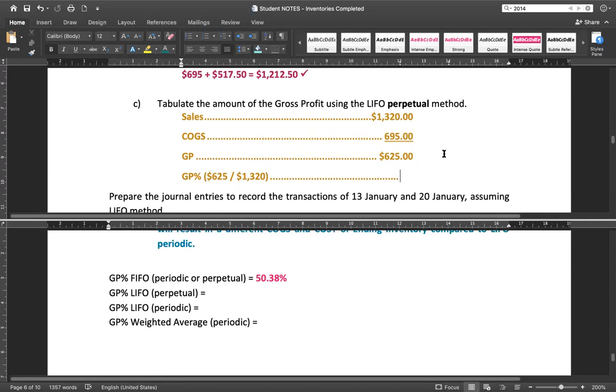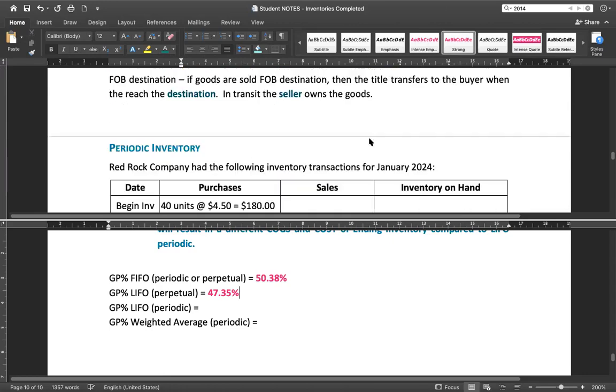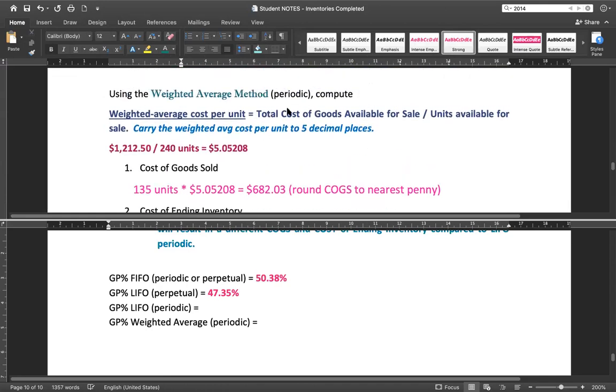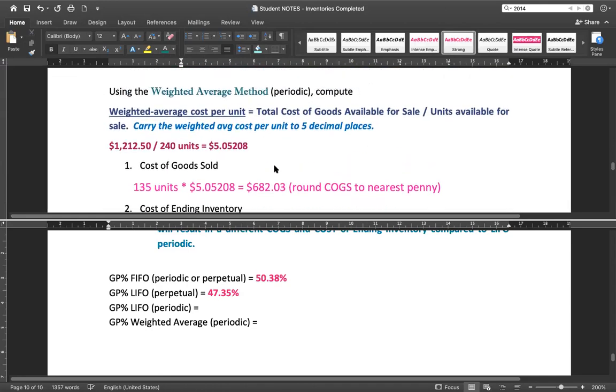And that is equal to 47.35%. All right, so now we have 47.35%. That's LIFO perpetual.